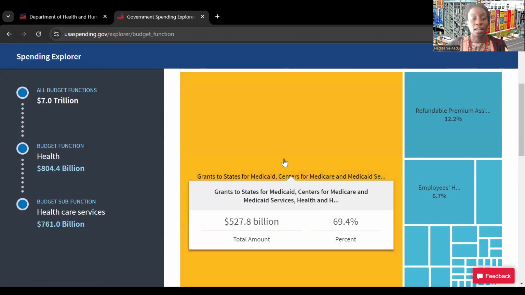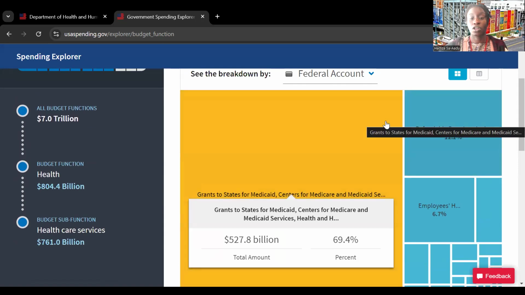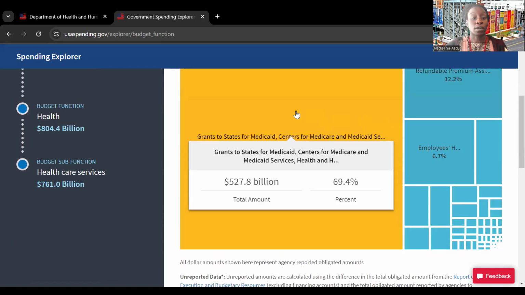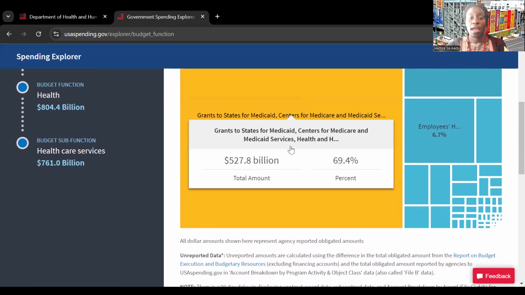Within healthcare services, those services are going to different federal spending accounts based off of activities. The majority of this spending is focused on grants that are going to states for Medicaid, for Centers for Medicare and Medicaid Services, and Health and Human Services, which I know it doesn't show that entire phrase, but that is what it is saying.